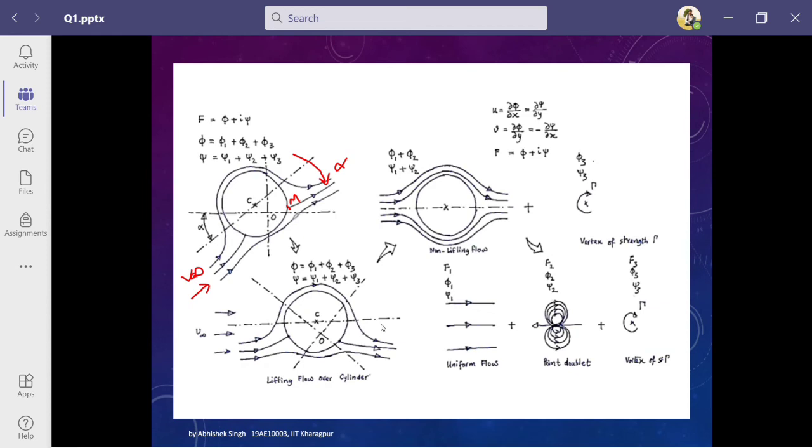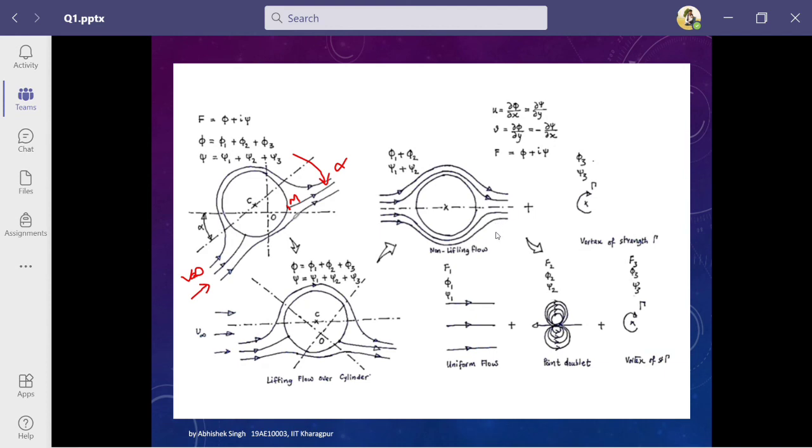We can see that we can write this flow as the sum of the circulation plus the non-lifting flow over a cylinder. Basically, if we take any cylinder and put it in a wind tunnel or in any flow, the flow around that simple cylinder is non-lifting flow. It just goes this way.